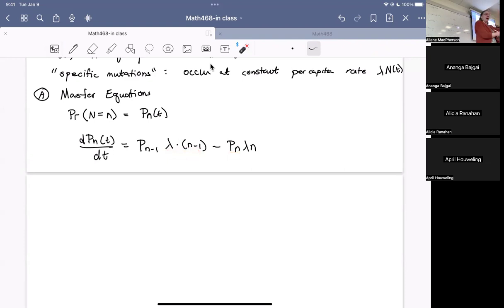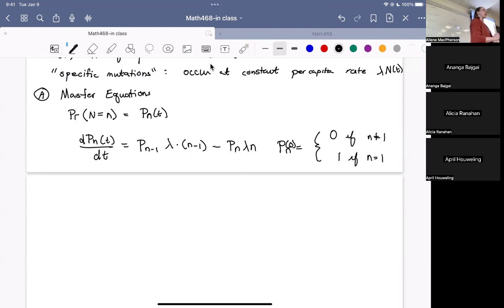So this gives us a set of master equations that we could then solve for, to get this probability distribution. We have to write down an initial condition. The classic initial condition here is that this is equal to 0 if n does not equal 1, and it's 1 if n equals 1. So we'll start with a single species and see what happens to that single species.